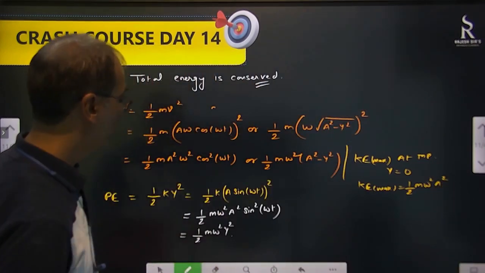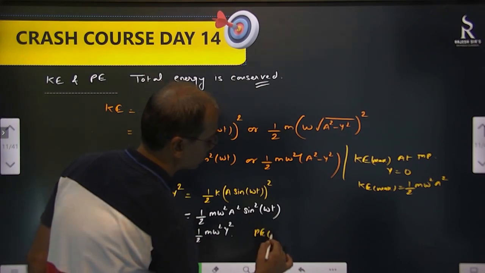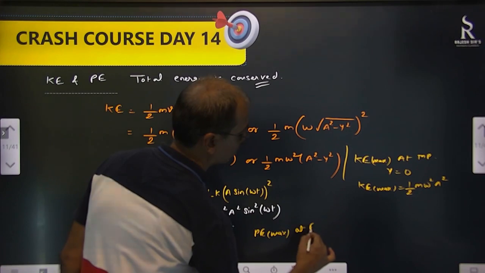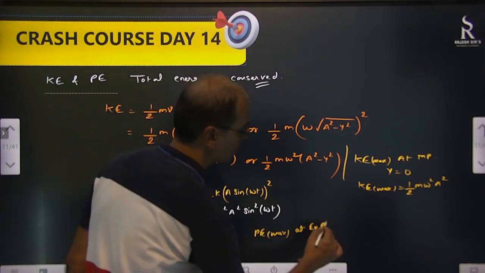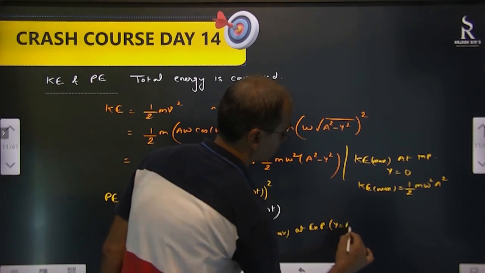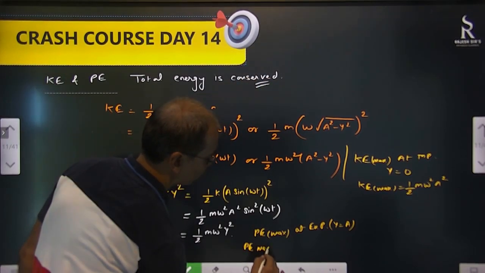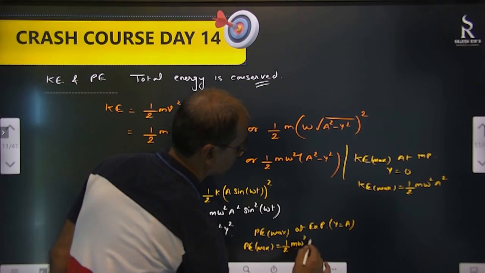Same way, potential energy maximum is at the extreme. At the extreme position, what is the y value? A. So what is potential energy maximum? Half m omega square a square.